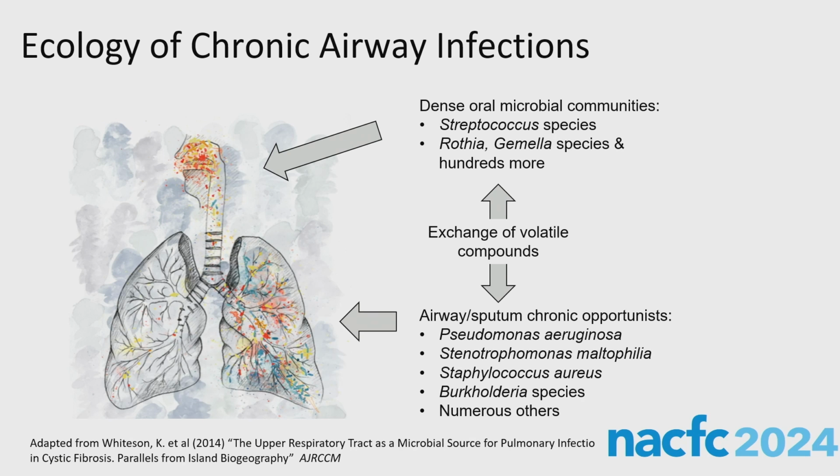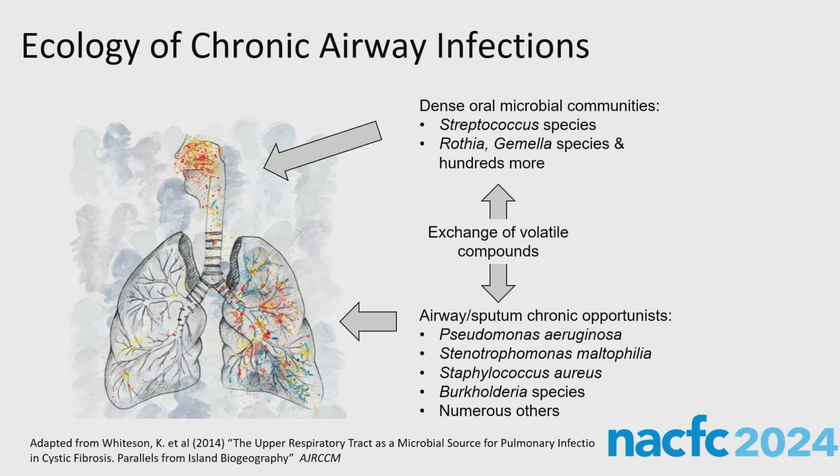The way I look at the ecology of chronic airway infections is that you have these two major communities or populations. You've got densely colonizing oral microbes that have all these fermentative capacities, and then you have the chronic opportunists emerging in the airways. If you don't have good immune clearance, then those bugs are not going to be cleared from the lungs.